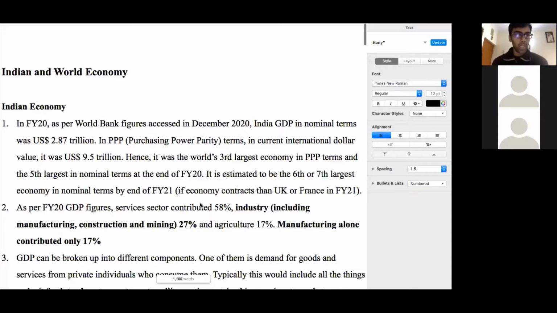So the Indian financial year runs from April 1 of any particular calendar year till March 31 of the next year. So currently financial year 2021 is going on, which will end on March 31, 2021, while the last financial year ended on March 31, 2020.